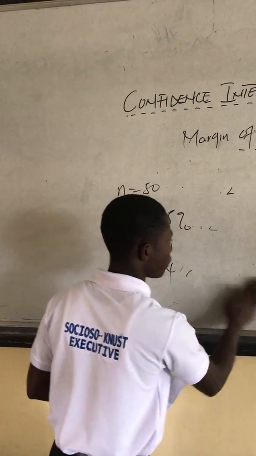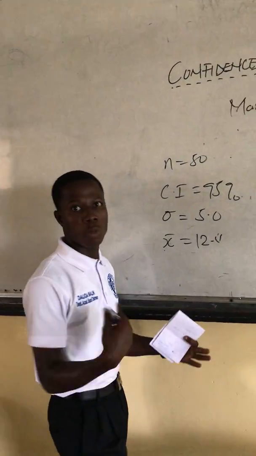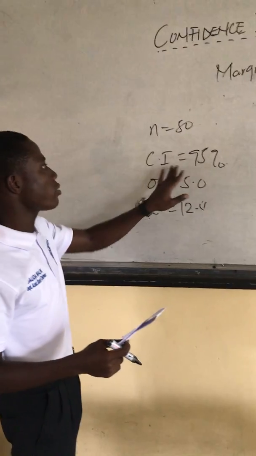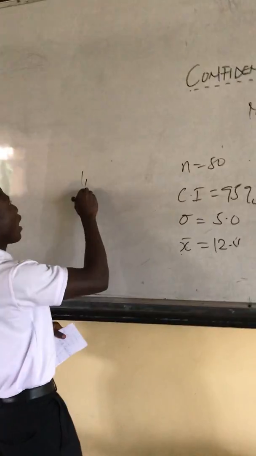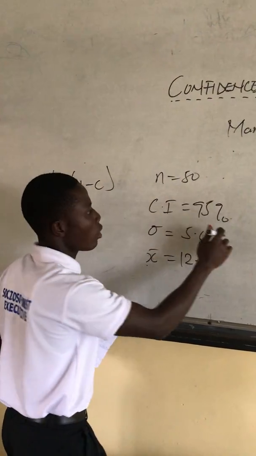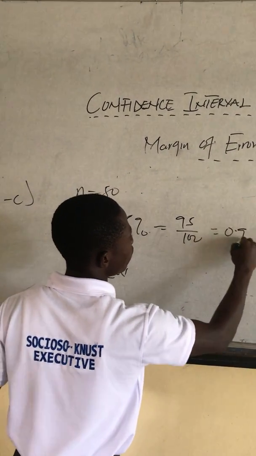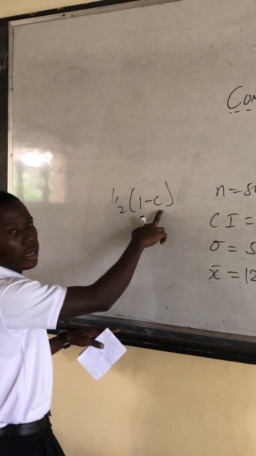So this is the question. I have summarized the question so that we can go on time. So my n is 50, my confidence level is 95. First of all, you have to find the critical values. That's half bracket 1 minus c. So we have to change this 95 to decimal. So 95 over 100, we get 0.95. Then we substitute it here.